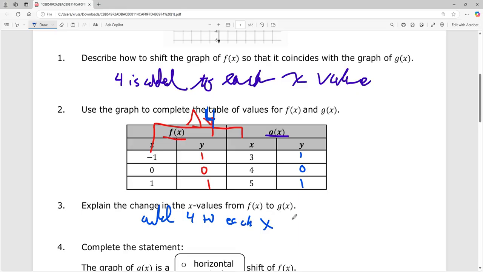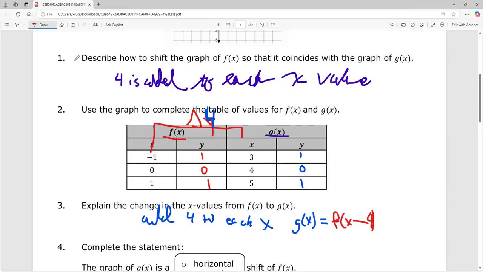But if I want to say that g sub x is going to be, I'm going to have to shift it to the right. So it's actually going to be f, excuse me, not g. It's going to be f sub x minus 4 algebraically.